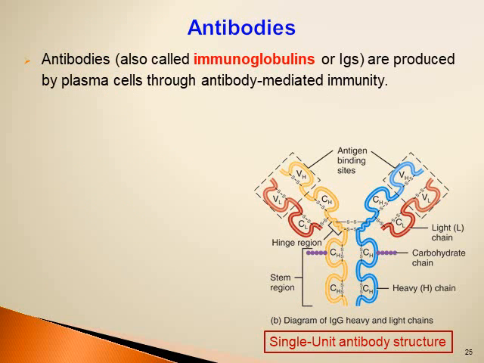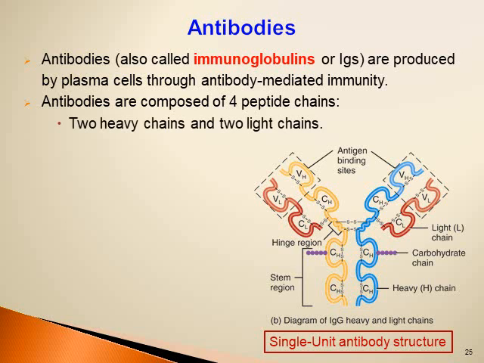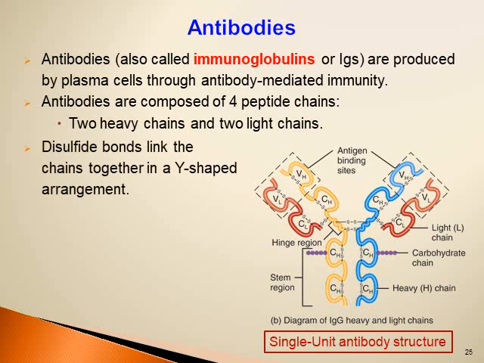Antibodies, also called immunoglobulins, are produced by plasma cells through antibody-mediated immunity. Antibodies are composed of 4 peptide chains, 2 heavy chains and 2 light chains. You can see here 2 heavy chains, the yellow and the blue one, and the 2 light chains that are in red, and disulfide bonds link the chains together in a Y-shaped arrangement.